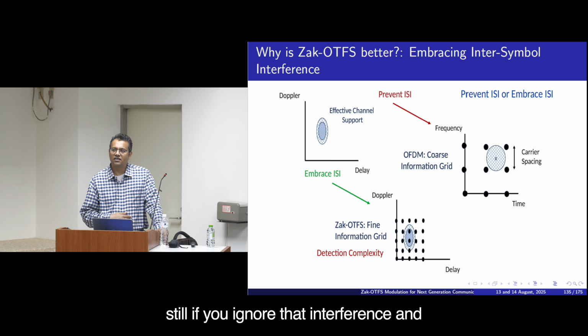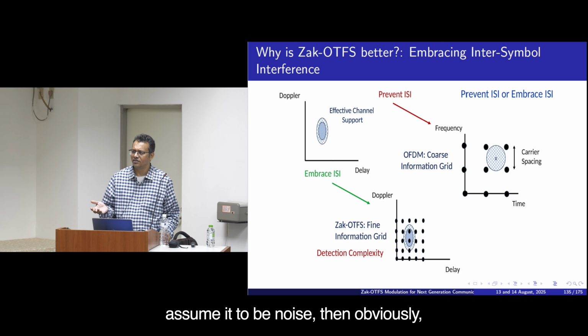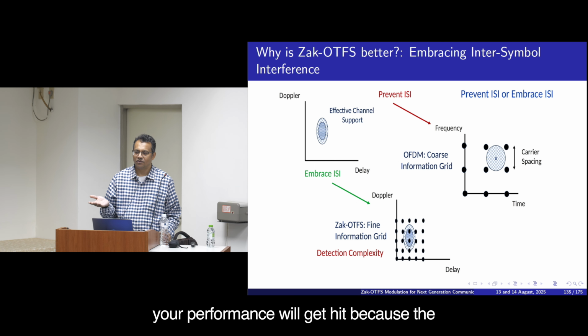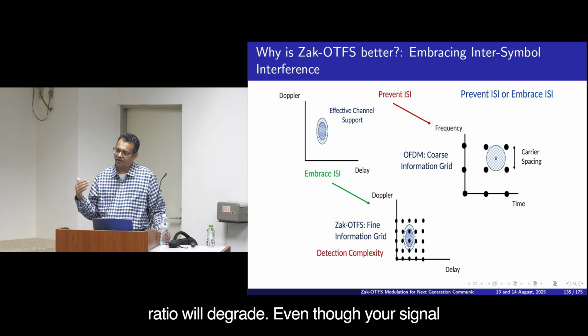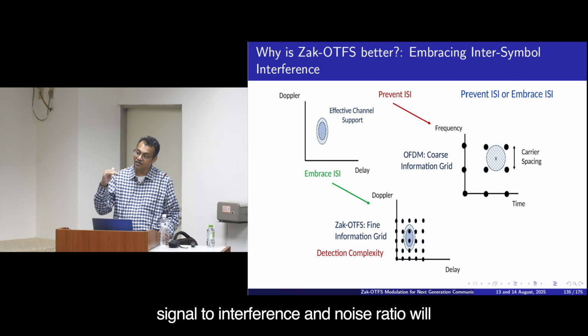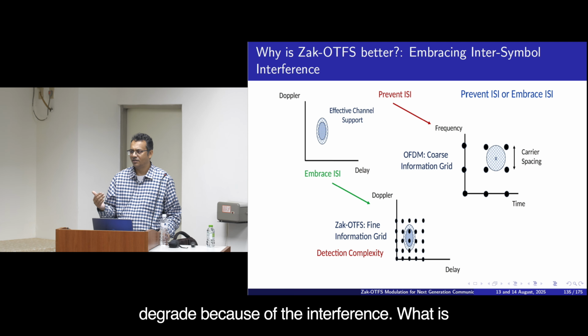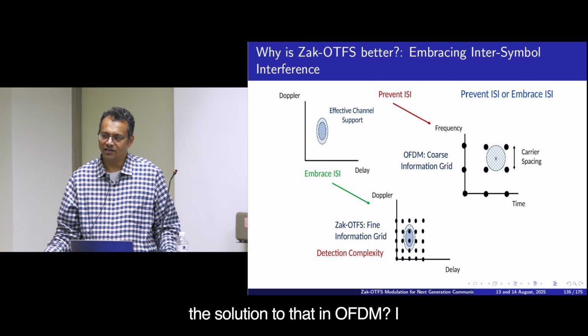And if you ignore that interference and assume it to be noise, then obviously your performance will get hit, because the SINR, the signal to interference and noise ratio, will degrade because of the interference, even though your signal to noise ratio is okay. What is the solution to that in OFDM?